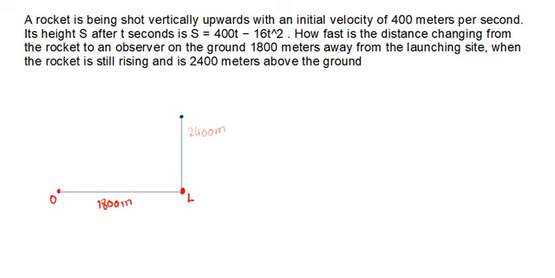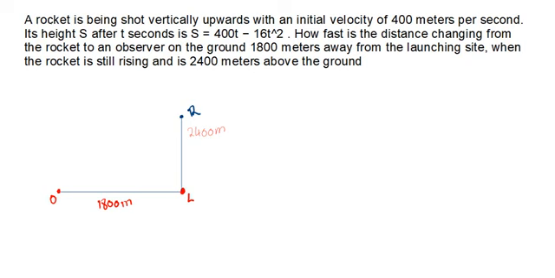The question is, how fast is the distance changing? It's more like between the observer and the rocket. If we say the rocket is at this point, the distance that is changing is the distance from this point to that point.